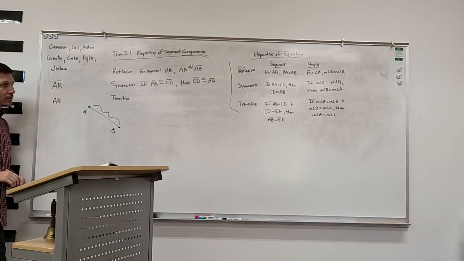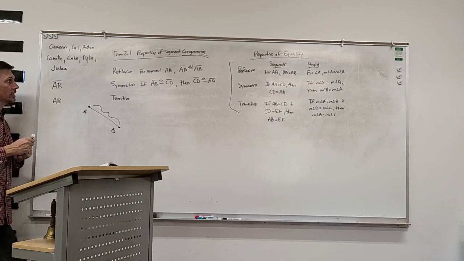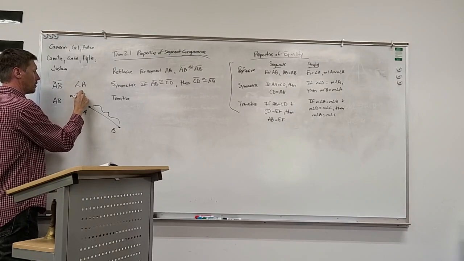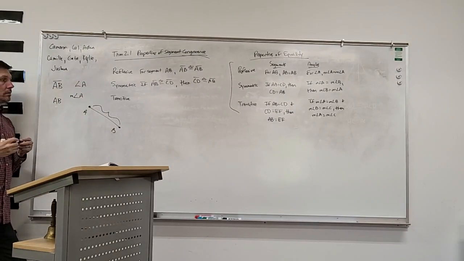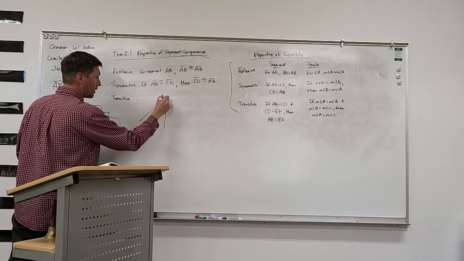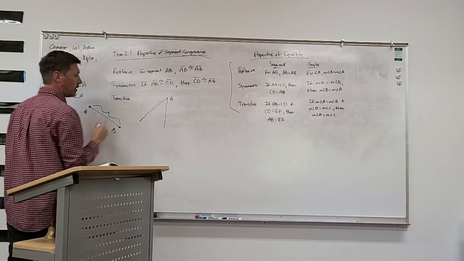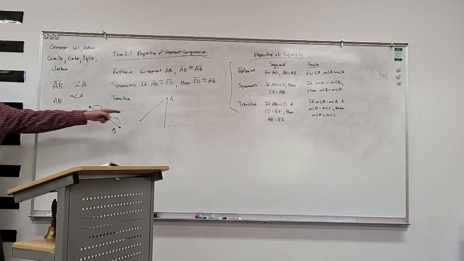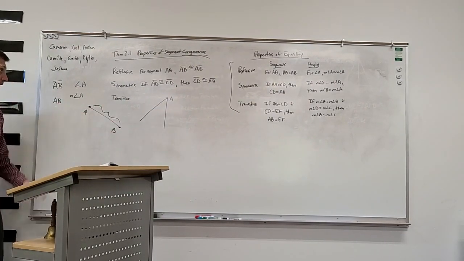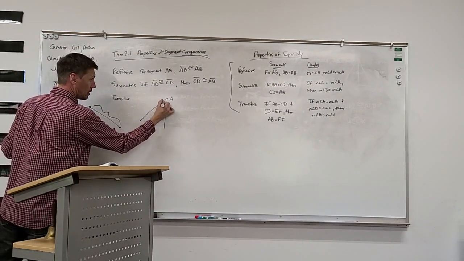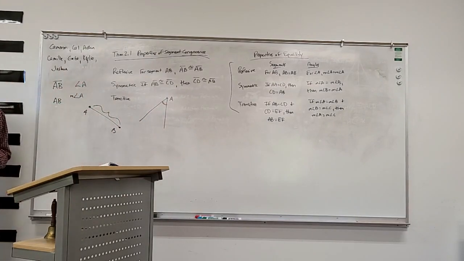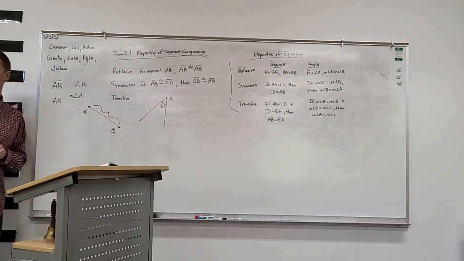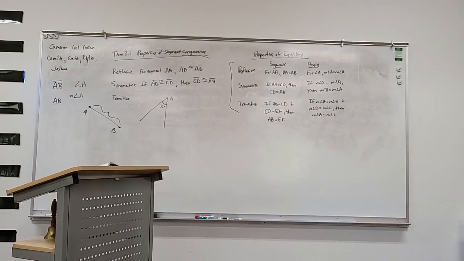It's like the difference between angle A versus the measure of angle A. If I've got this, and this is A, when I say angle A, I'm just talking about the angle that's right here. But when I talk about the measure of angle A, I'm talking about how many degrees it is, the 35 degrees or whatever that is.